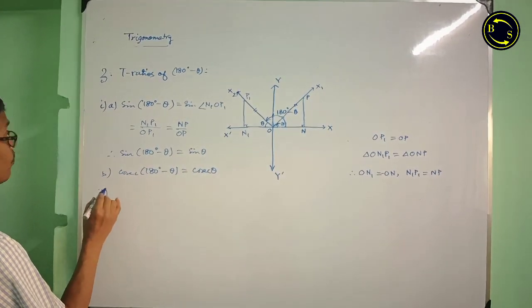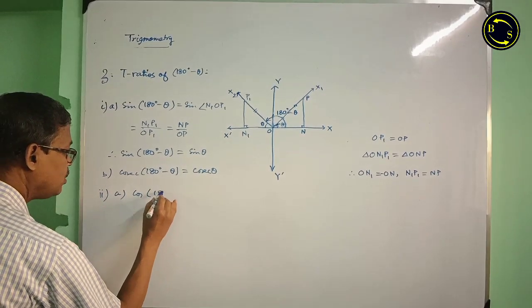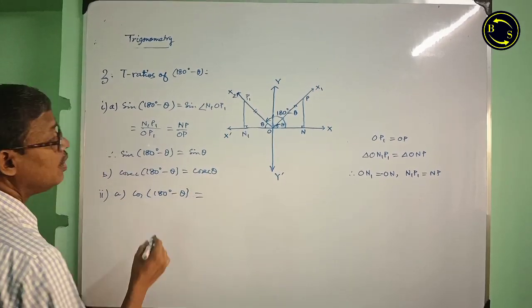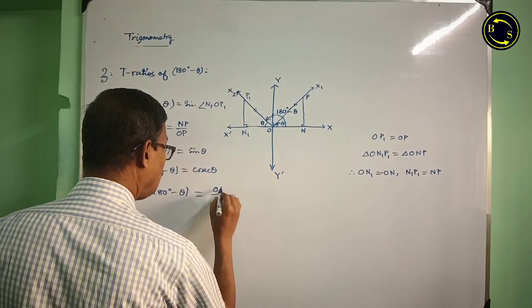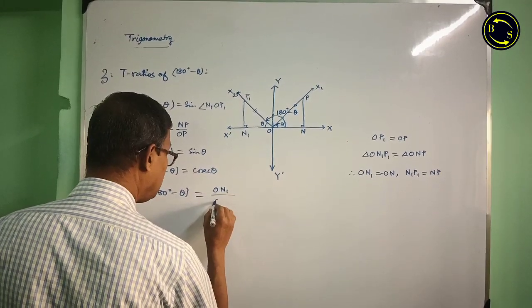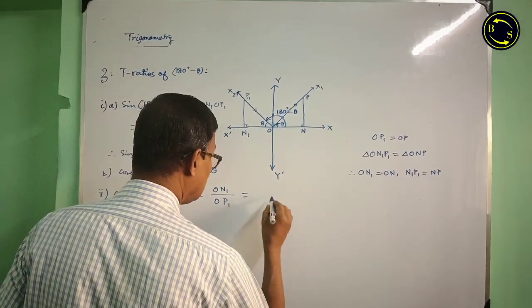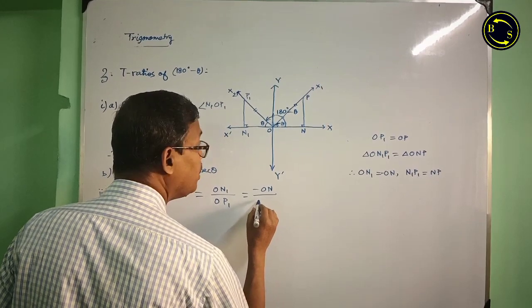Number 2, cosine 180 degree minus theta, that is equal to ON1 by OP1, ON1 is minus ON by OP.